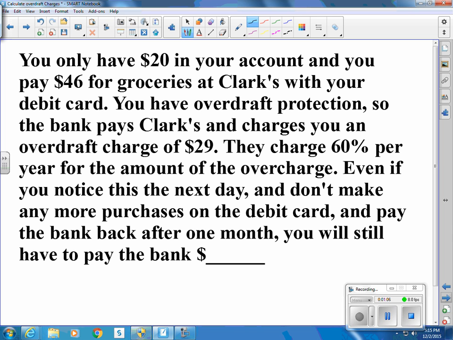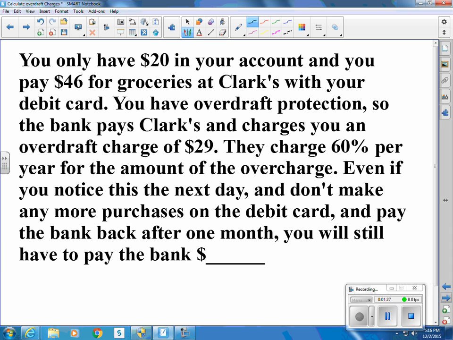Let's say we only had $20 in our account and you pay $46 for groceries and you have overdraft protection, so they pay Clark's the $46, but they're also going to add to what you need to pay them back $29 more. So let's figure out how much we went over.